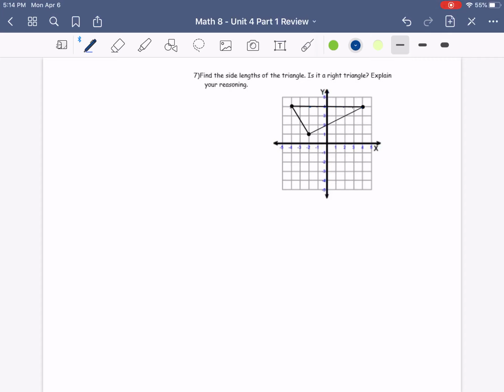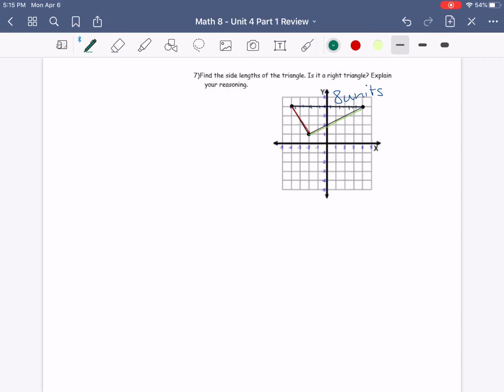So this side length right here is 8 units. Now, we cannot do that same thing on this side, and we cannot do that same thing on this side. Why? Because these are done at a diagonal, and we cannot just count because those are not true units.